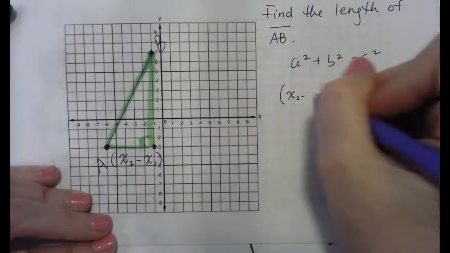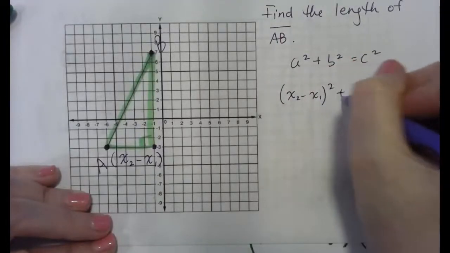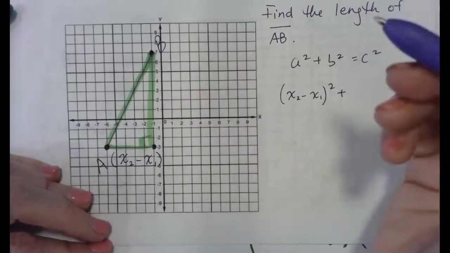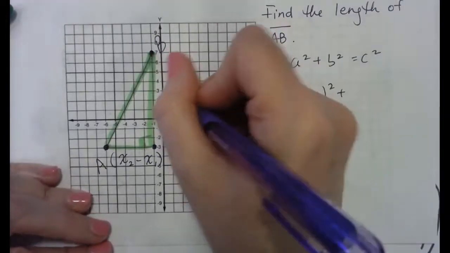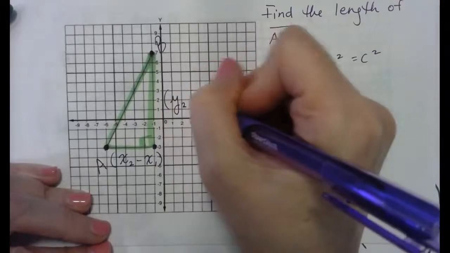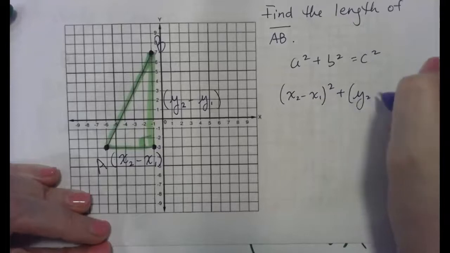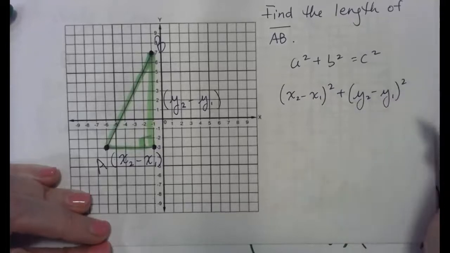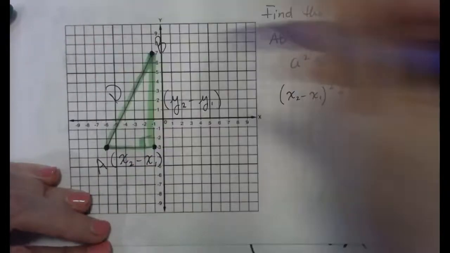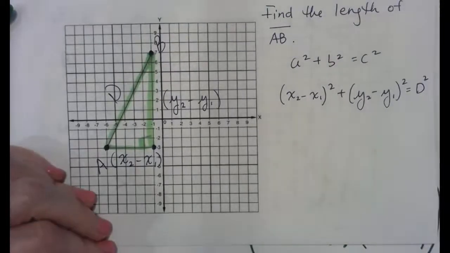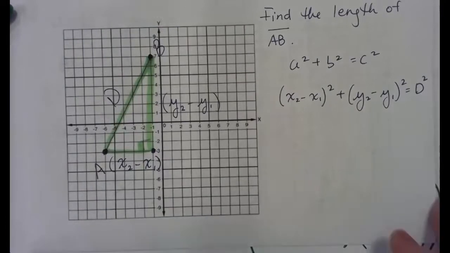So x sub 2 minus x sub 1 squared, plus, we'll call this side B, and it's just going to be the vertical difference. So that, of course, is y sub 2 minus y sub 1, squared. And then, of course, we'll call this side d, so d squared. So this is where our distance formula comes from.